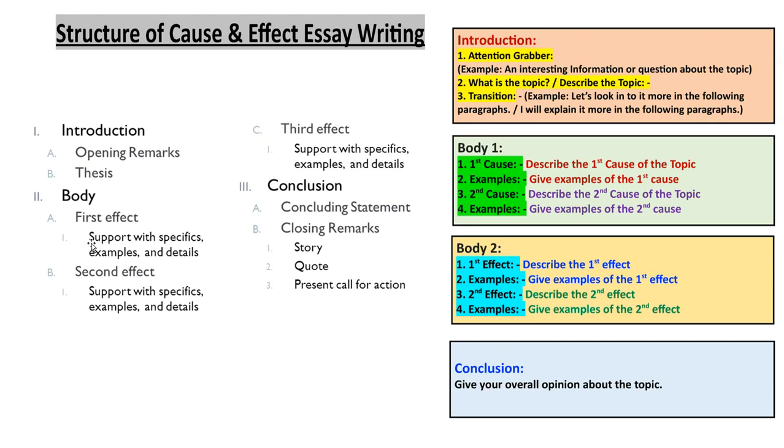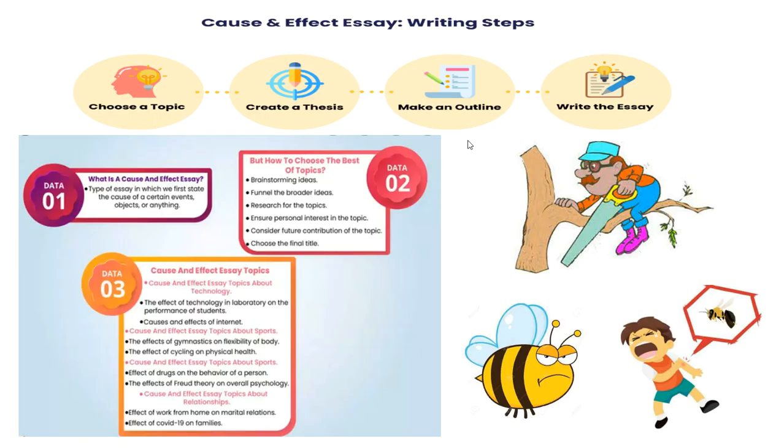It represents the effect and gives a supportive example, then it converts into an effect. The effect also gives a supportive example for the cause. Then this is an example of cause and effect in reality.